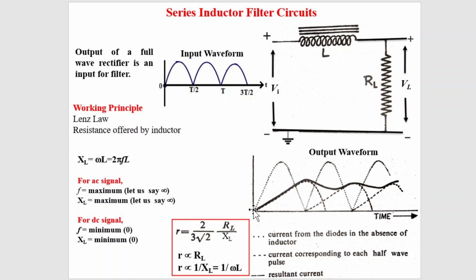When we apply the input signal and the current is increasing, an EMF is generated within the inductor, and this induced voltage opposes the current. So the magnitude of this current is less than the actual current, because of the opposite polarity of the voltage developed across the inductor. So this is also increasing initially.